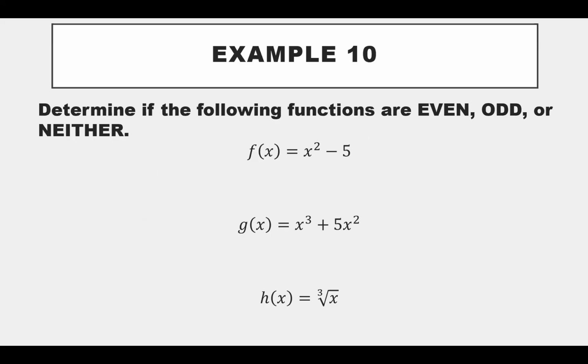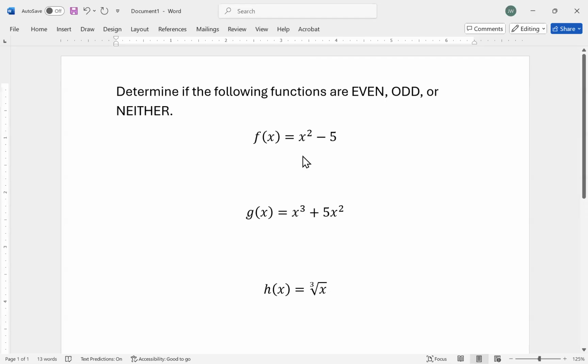Let's start out by using the algebraic tools. So let's determine if the functions are even, odd, or neither utilizing algebraic tools. I'll show you what I mean by that as we go through a couple of these. Let's start with f of x.